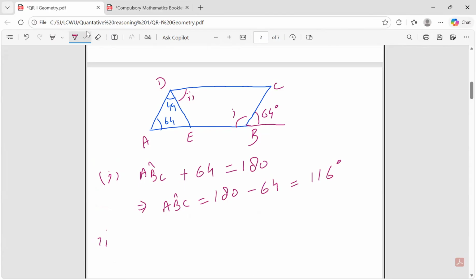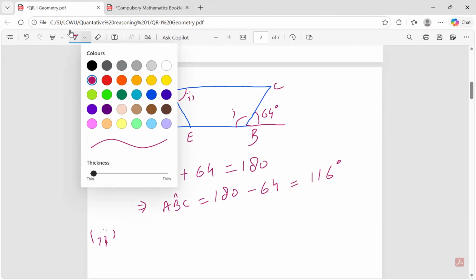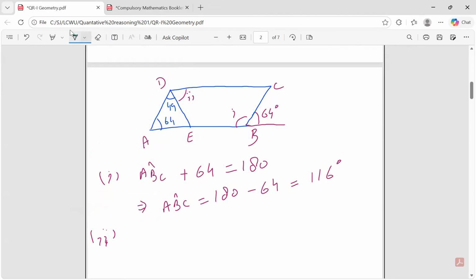Now for the second part, you need to find this one angle. These two angles, this angle is opposite to this, and these two angles are equal.